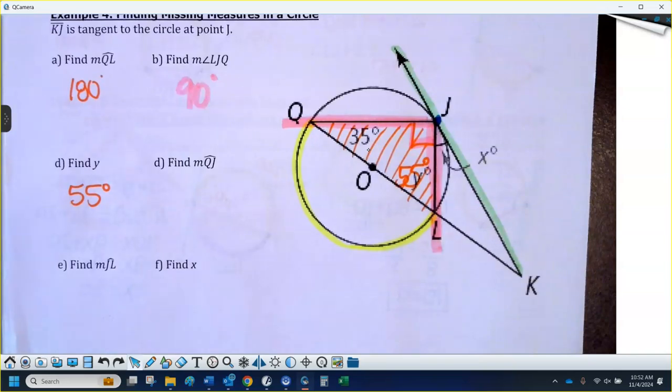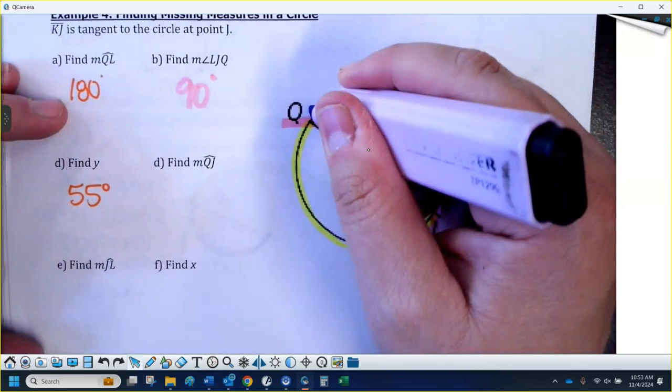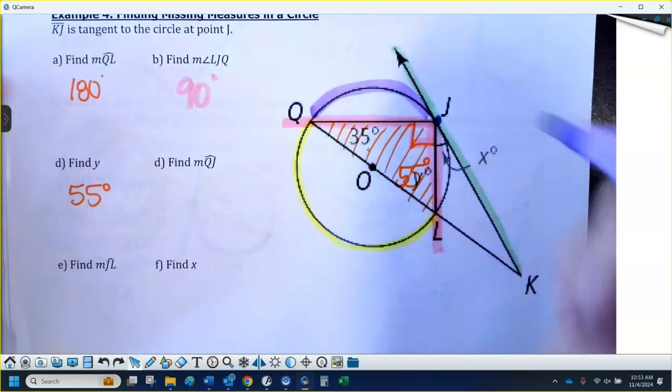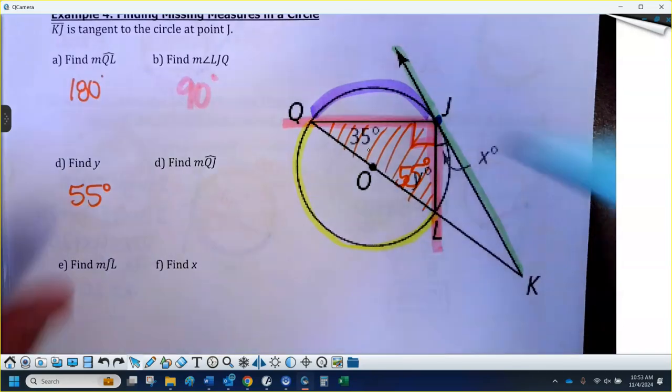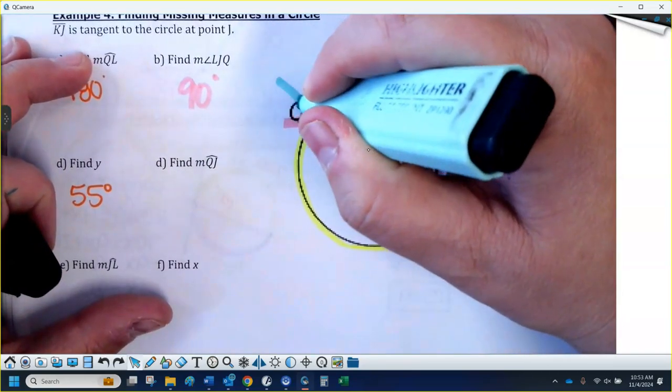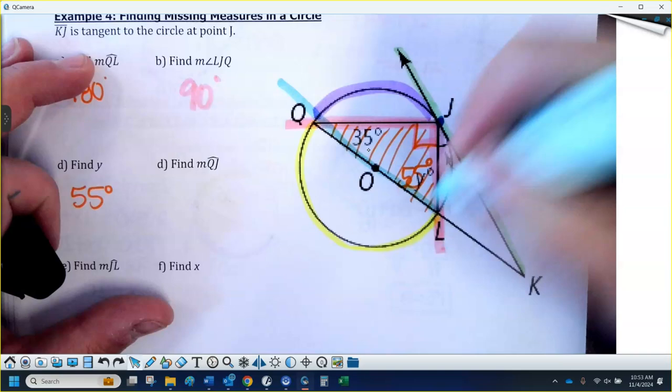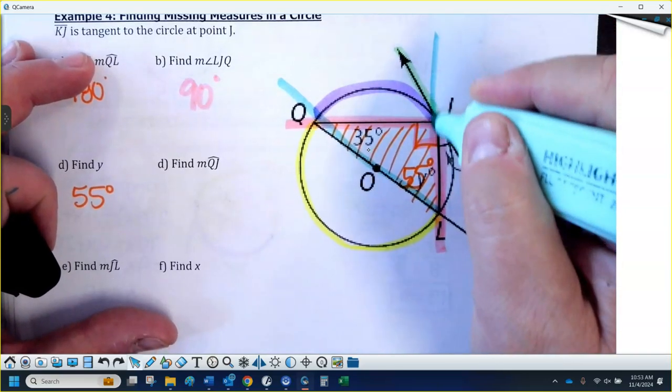So Q to J is an arc, and I'm going to try to get an angle around that that runs into that. For that particular problem, let me do a different color. Do I have a different color? Yes, I do. All right, so where angle Y is at, if you guys see that, is 55 degrees.